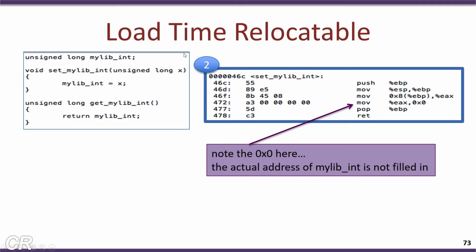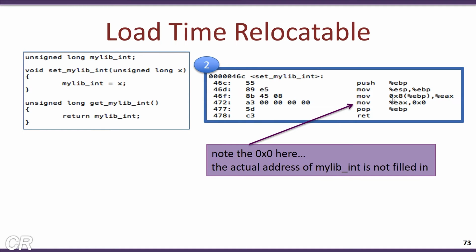Then the contents of x should be stored into the global mylib_int. In order to do this, we have this move instruction where the EAX register is moved to 0x0. This 0x0 is something the compiler has put in, because this library is a load time relocatable library.